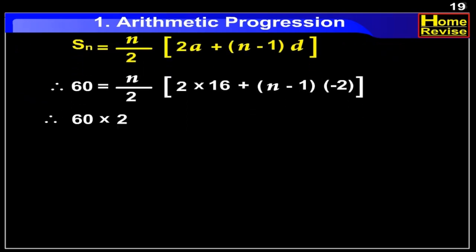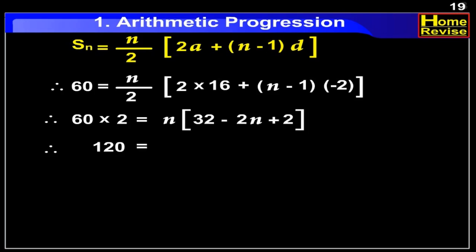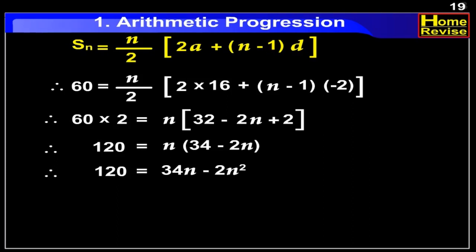Therefore, 60 into 2 is equal to n into (32 minus 2n plus 2). Therefore, 120 is equal to n into (34 minus 2n). Therefore, 120 is equal to 34n minus 2n square.